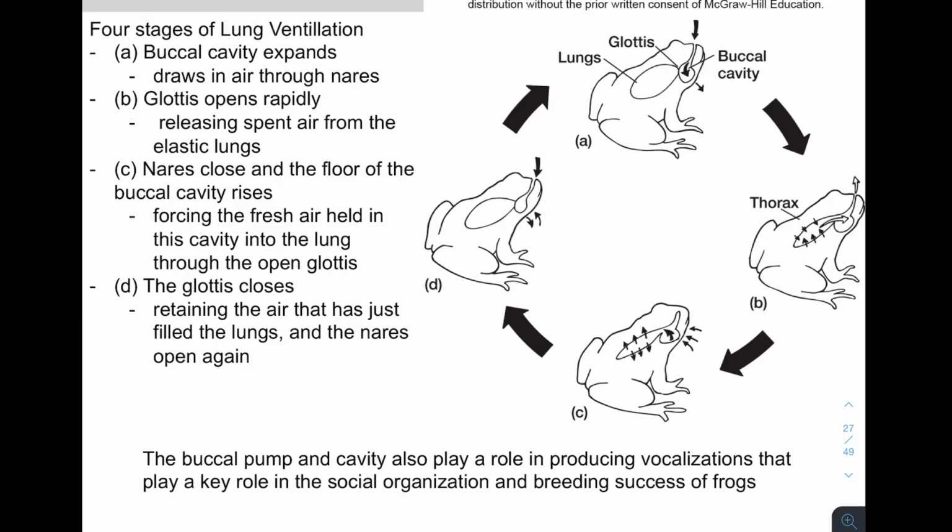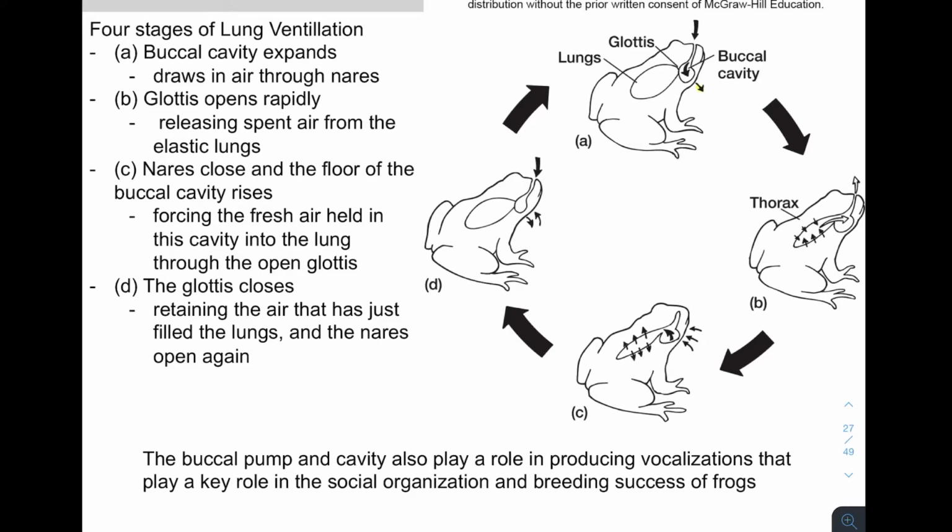Looking at adult frog respiration, we see that it resembles that of lungfish, except that the air is entering and leaving through the nares or the nose. What happens is that the pharynx floor lowers itself, drawing fresh air through the nasal cavities into the buccal cavity.